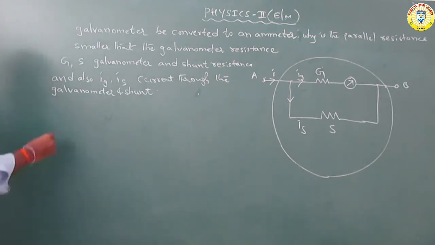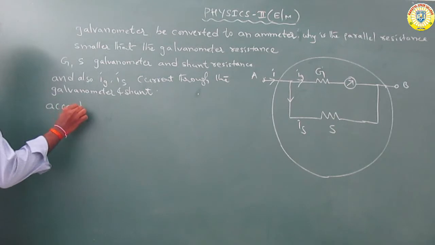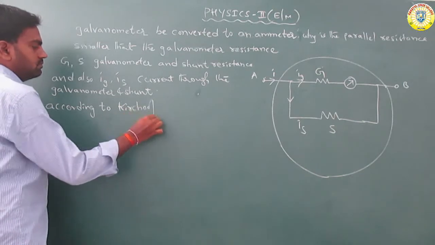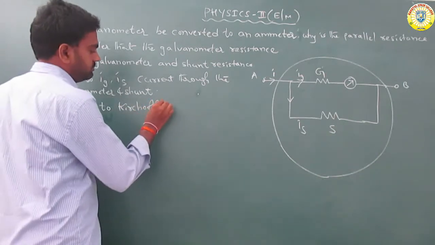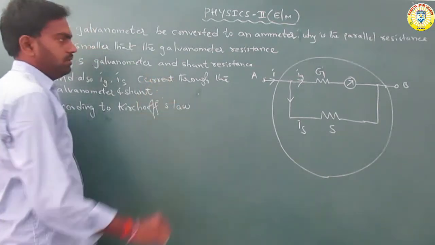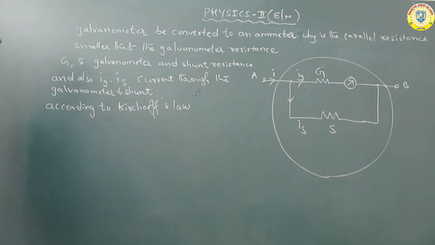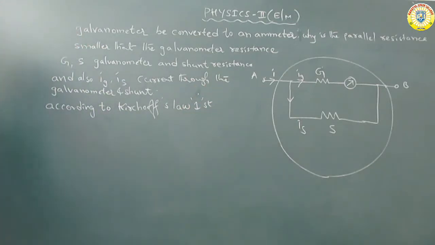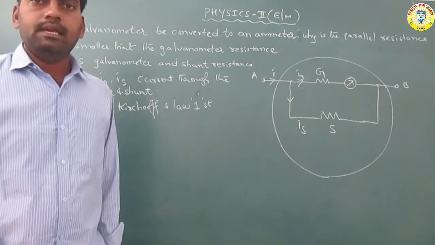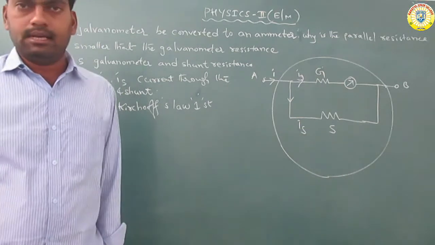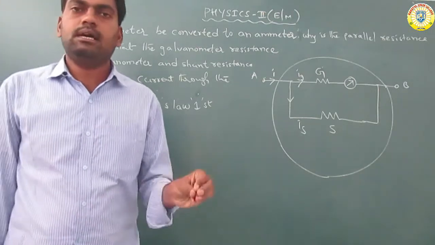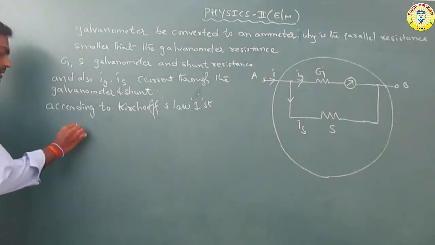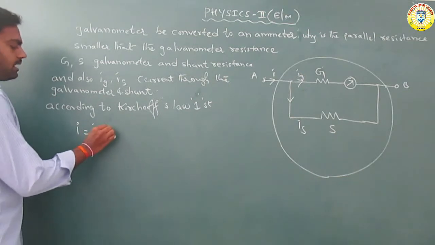Now, according to Kirchhoff's first law, the total current in the circuit entering the junction is equal to the sum of the currents leaving it. So we can write I is equal to IG plus IS.